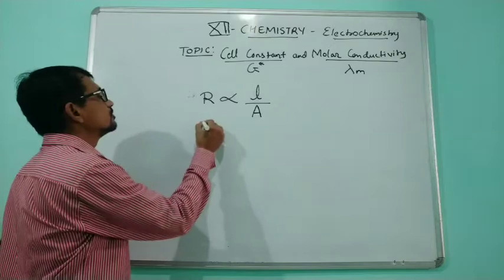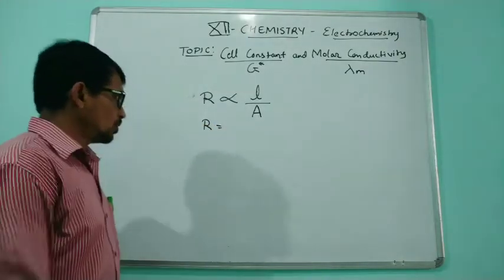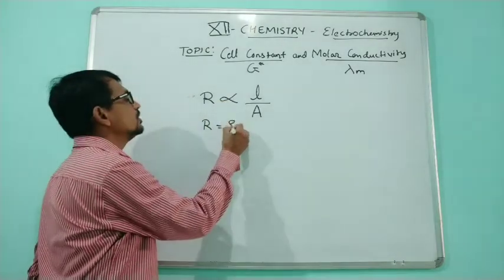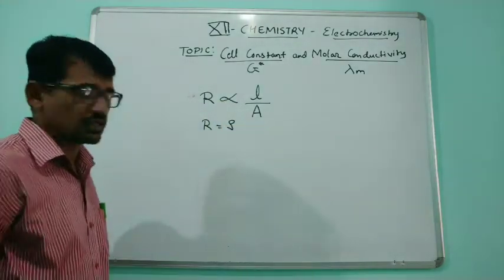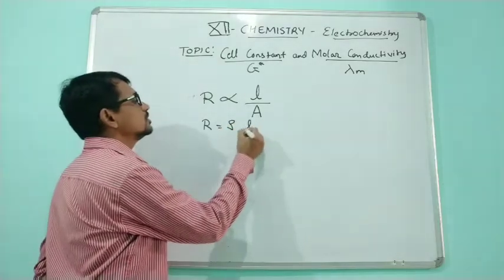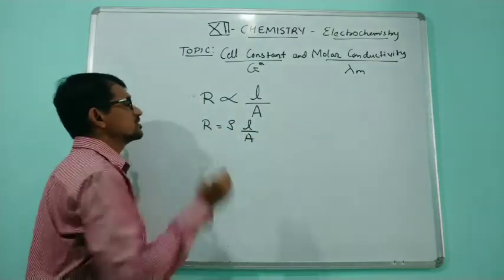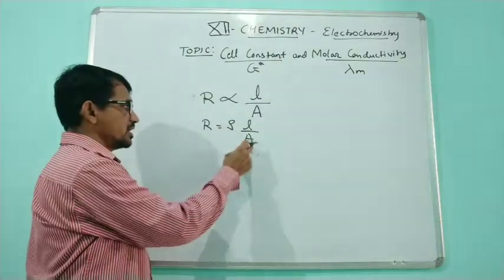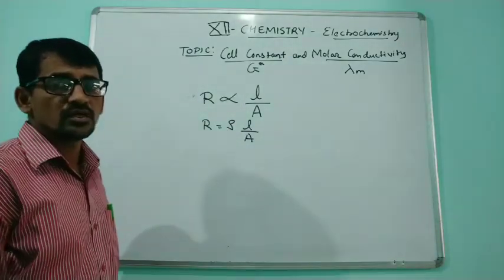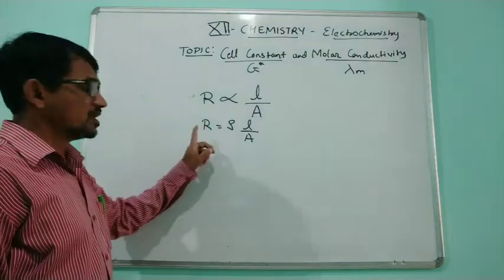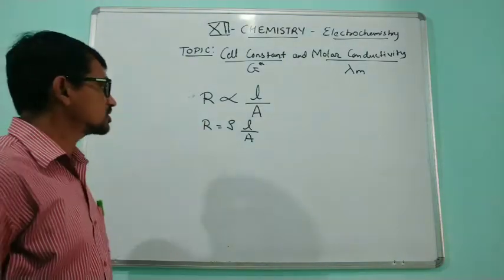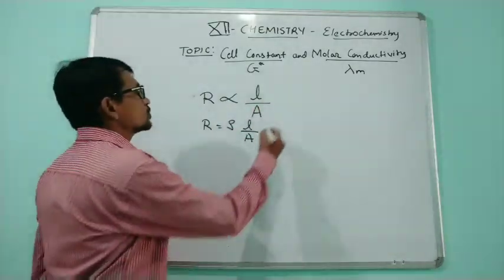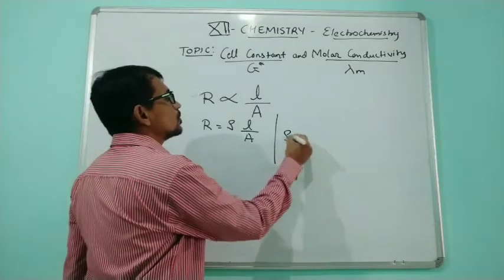If we take out the proportionality and put in a proportionality constant, then R is equal to rho L by A. So this resistance is equal to rho L by A, where rho is nothing but the specific resistance. But we want to discuss conductance, that is, conductivity.